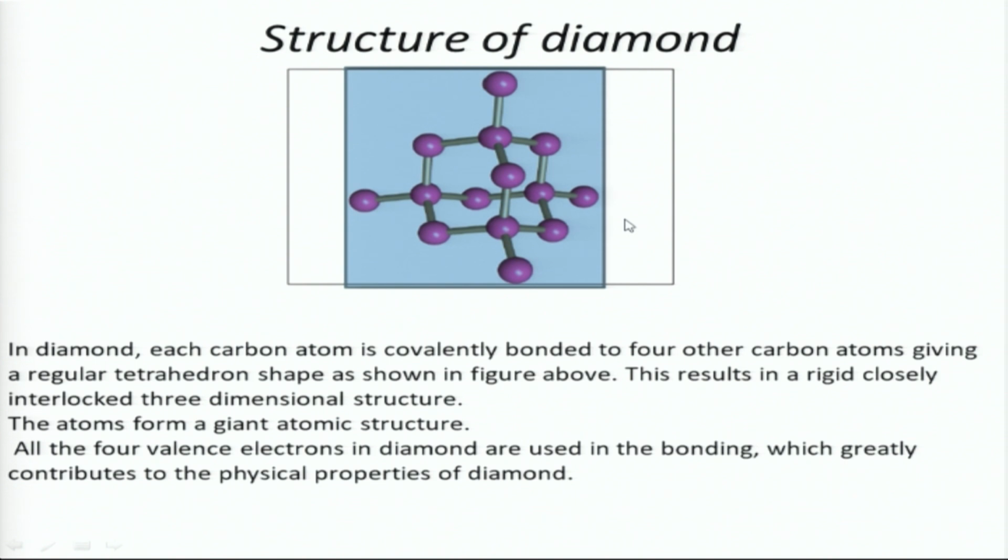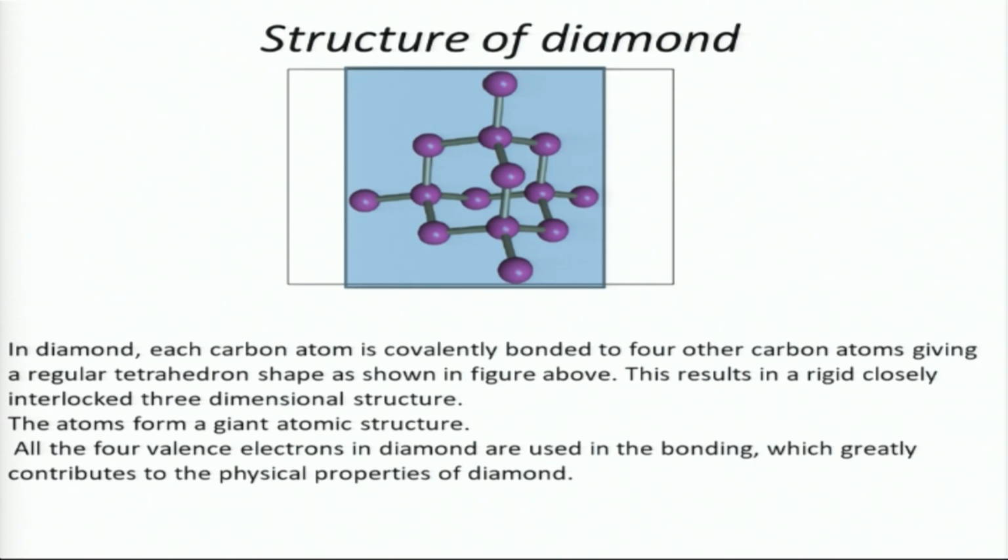Normally, when a carbon is bonded to 4 other carbons, it gives it what we call a regular tetrahedral shape. That one is a tetrahedral shape, all right? Because the carbons are bonded to 4 other carbons, it means that they are strongly and closely linked. It's very hard. So the atoms form what we call a giant structure.